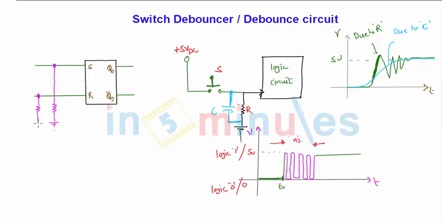So when no input is given to them, both S and R are logic 0 due to the pull down resistance R. That means the inputs are 0 0, due to which the outputs are in the initial condition.